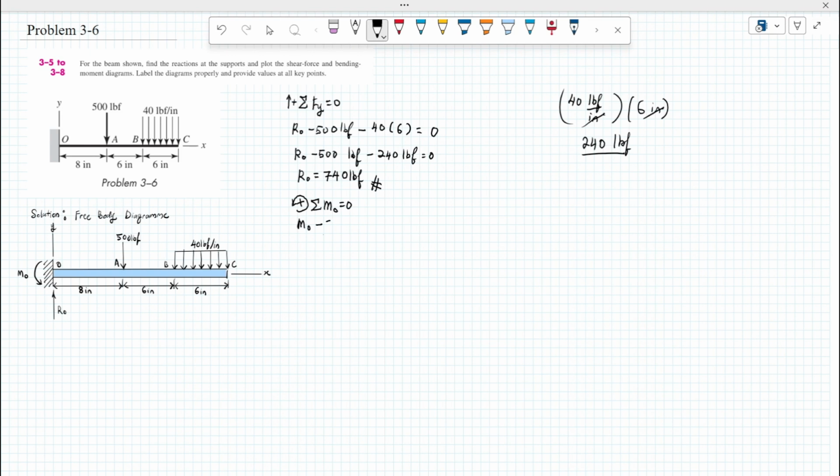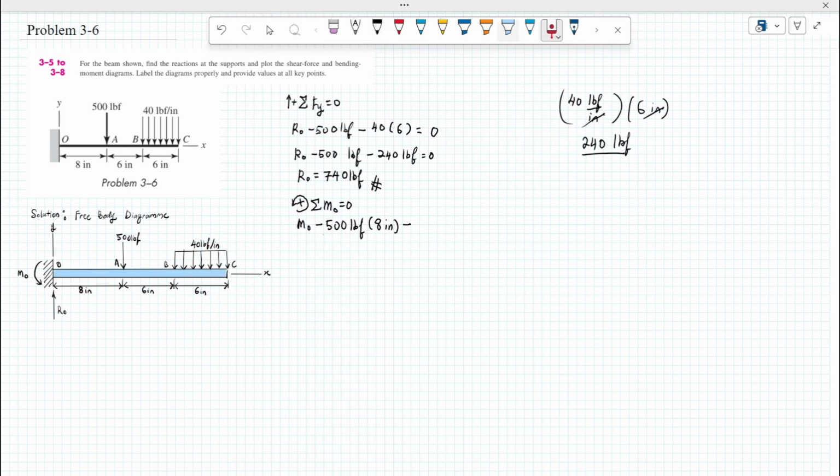So negative 500 pound force, since this is a moment, times the length it acts upon from O, 8 inch. As we can see, we have the distributed forces acting from point B to point C, and all of them act downwards, so it is negative.